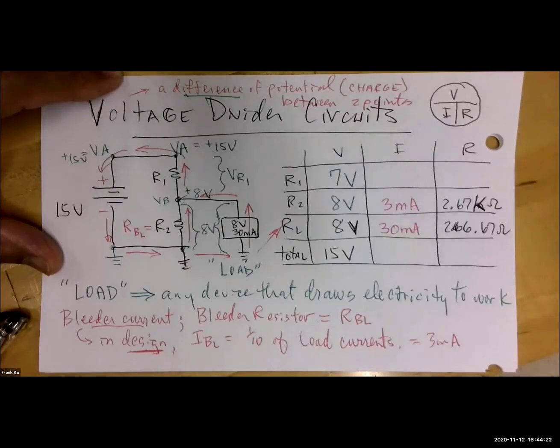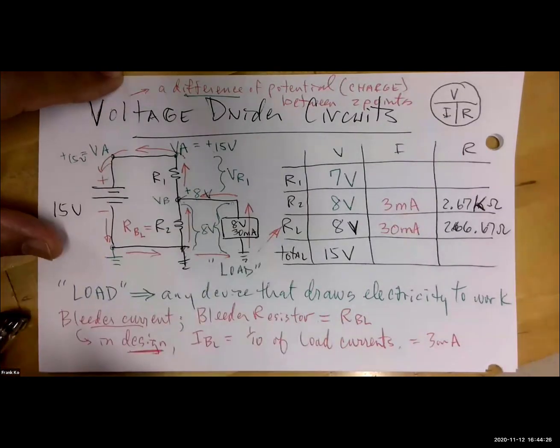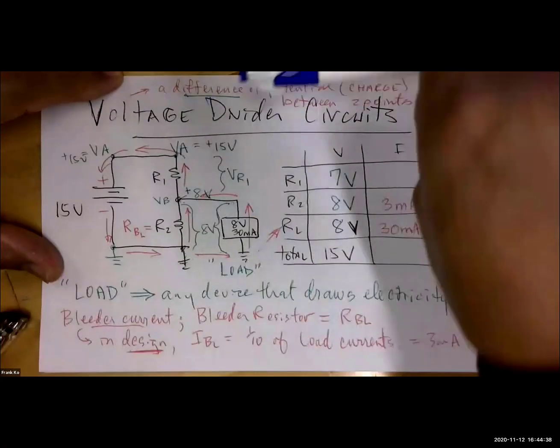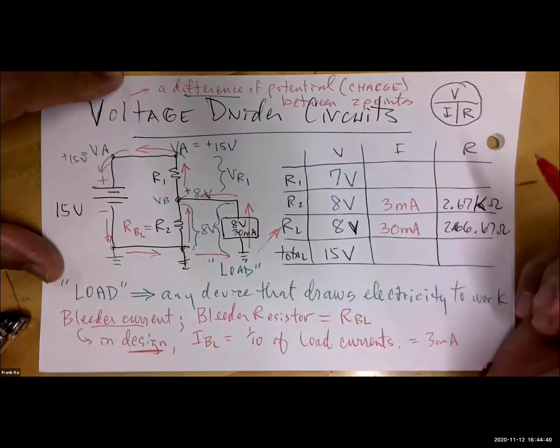The current through R1. Yes, because voltage is across a device, current goes through. How do you determine the current through R1? Well, the current had to split in order to get to R2 and the load. So if we add it together, okay, what do you calculate that to be?